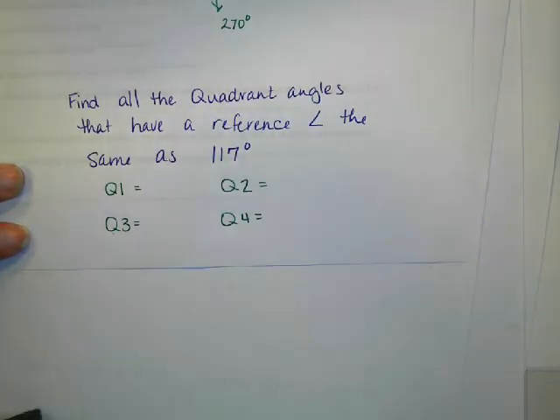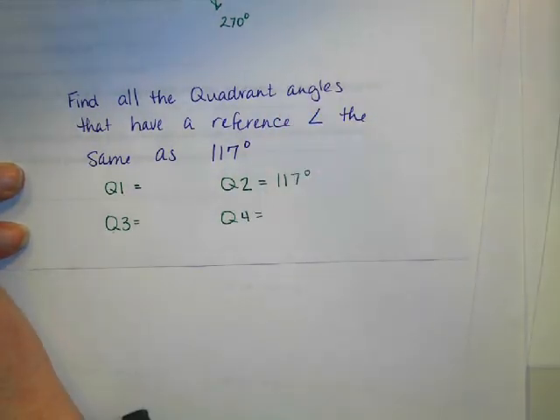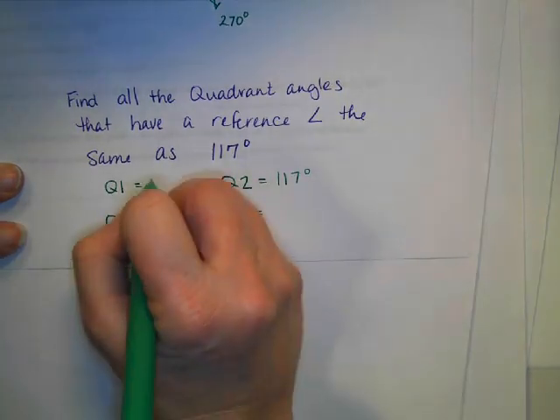All right, now first off, where is a 117-degree angle? Quadrant two. So that is the one that's in quadrant 2. Now, what is the reference angle for 117 degrees? 63. Where would 63 be? Quadrant 1.